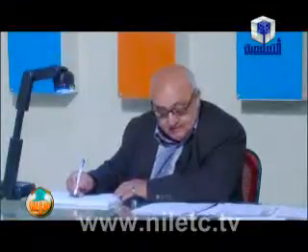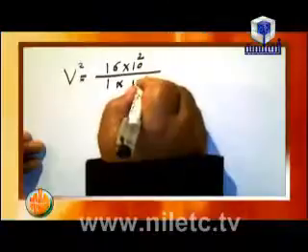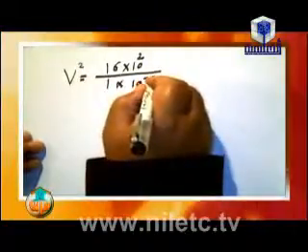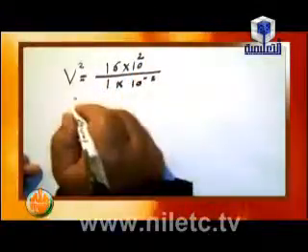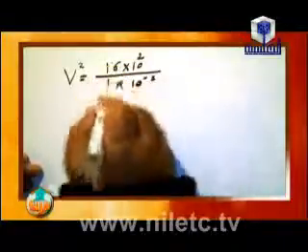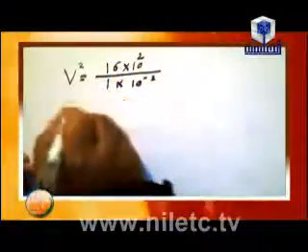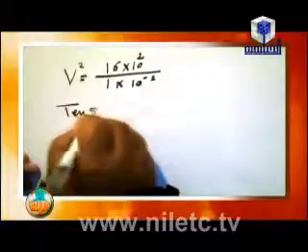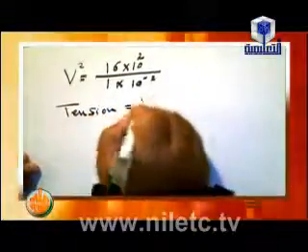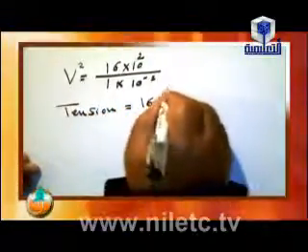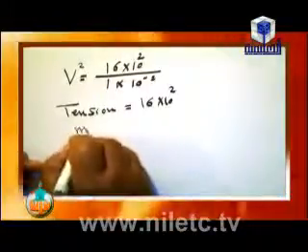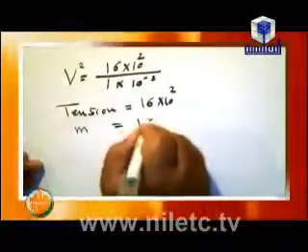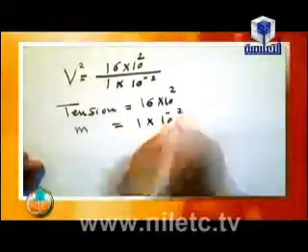From this equation, we find that V squared equals 16 times 10 power 2 over 1 times 10 power -2. 16 times 10 power 2 represents the tension. So the tension equals 16 times 10 power 2, and mass per unit length, denoted by m, equals 1 times 10 power negative 2.